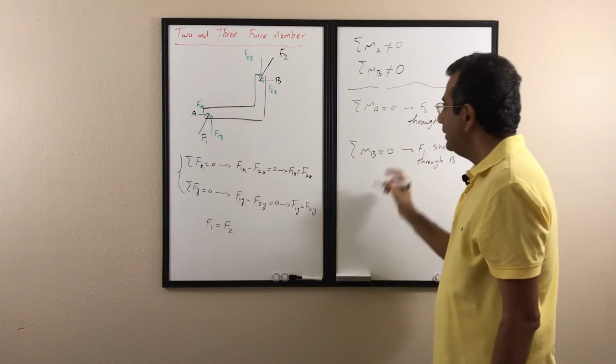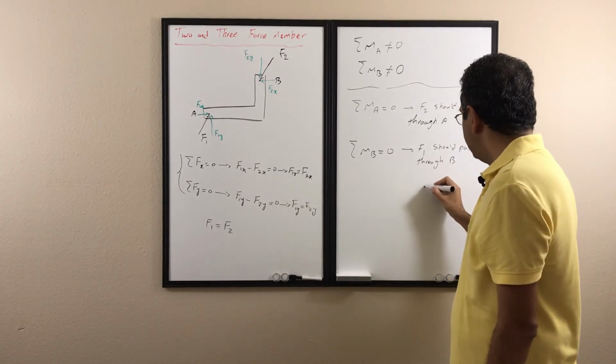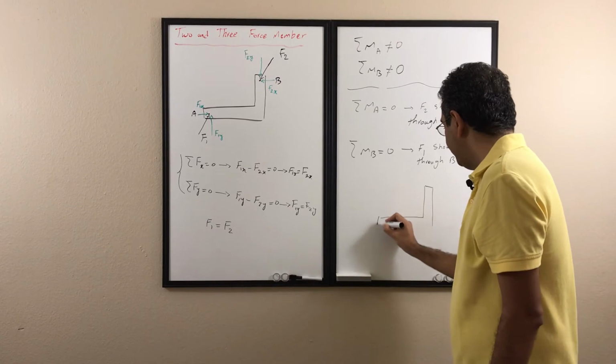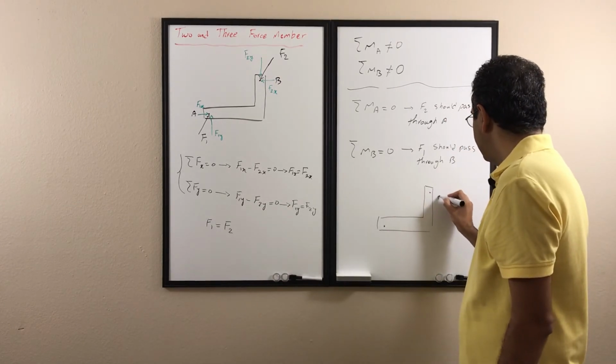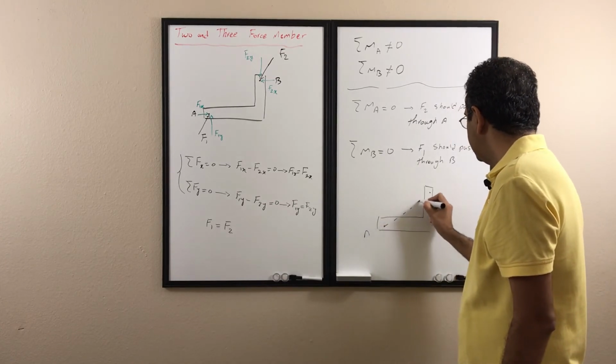The only way that this can happen is if I have this. I am going to draw it again here. There's a point A and there's a point B, and I'm going to connect these two together.